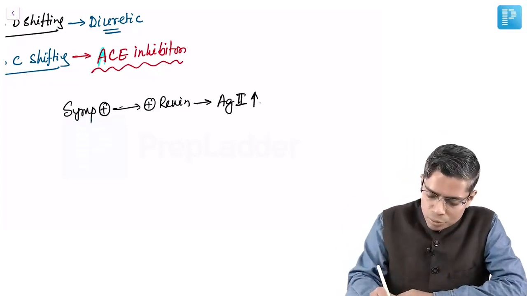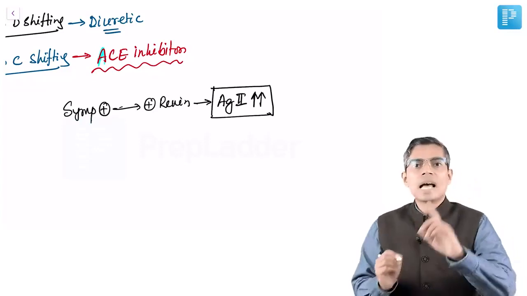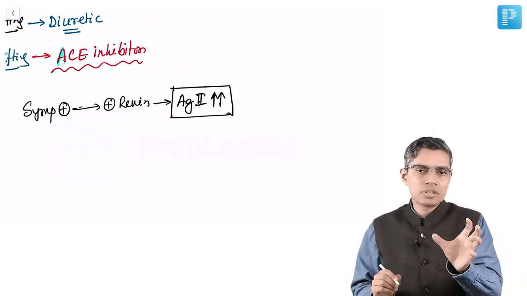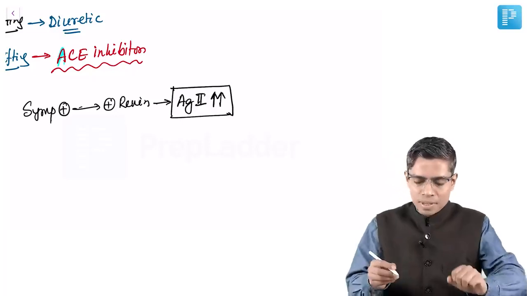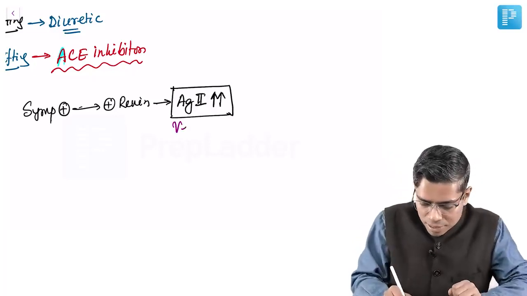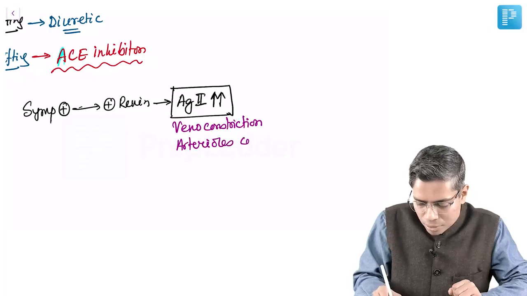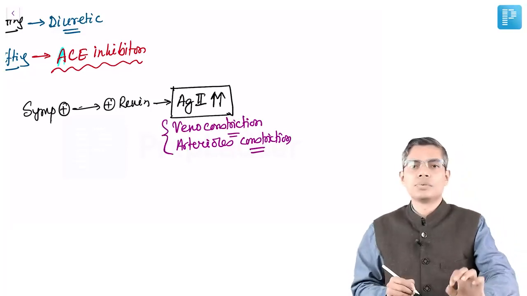So angiotensin 2 will be very, very high in a heart failure patient. And angiotensin 2 is a potent vasoconstrictor, meaning it will cause constriction of the veins and also of the arterioles. So venoconstriction as well as arteriolar constriction, both are going to happen due to this increased angiotensin 2.